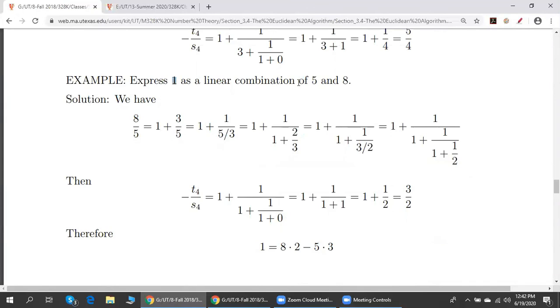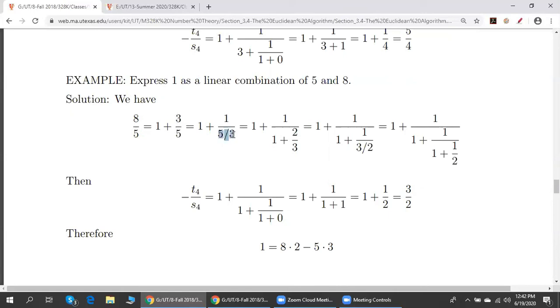Express 1 as a linear combination of 5 and 8. Since 1 is the greatest common divisor of 5 and 8, we can apply one of the above procedures. For example, let us apply method number 3. 8 over 5 is equal to 1 plus the corresponding proper fraction 3 over 5.